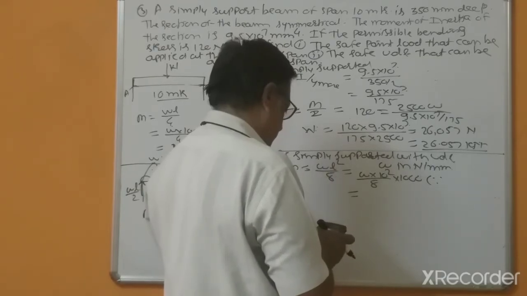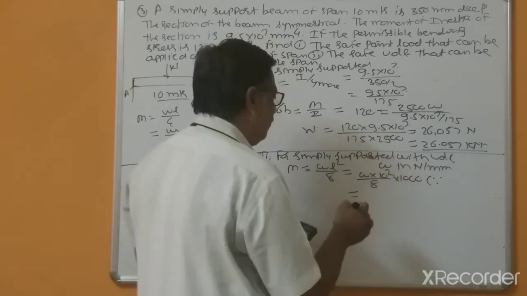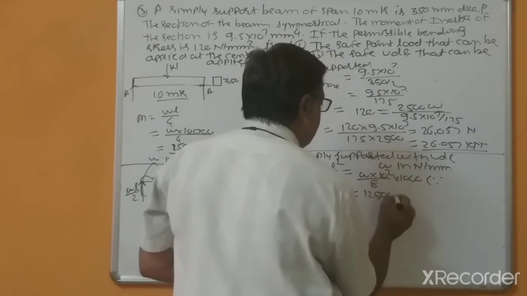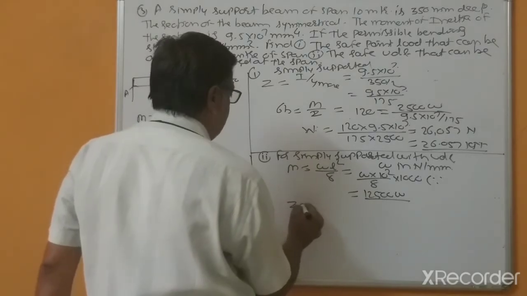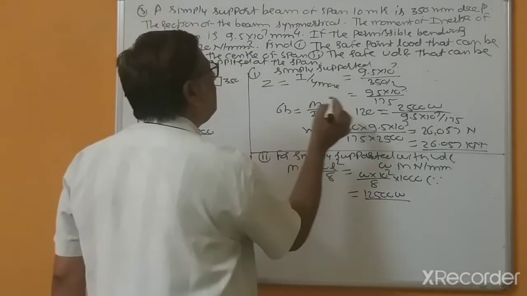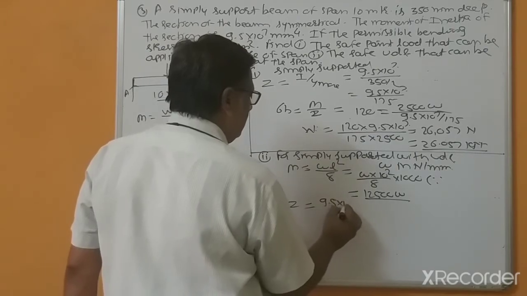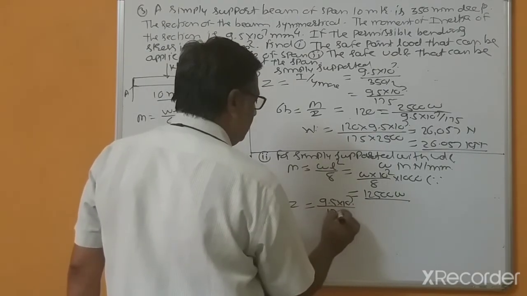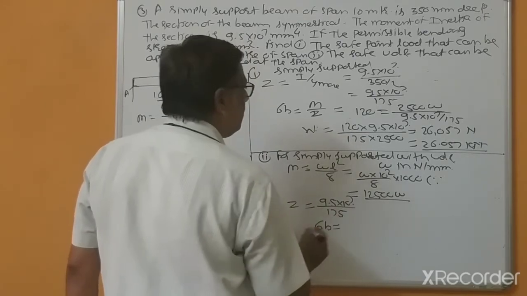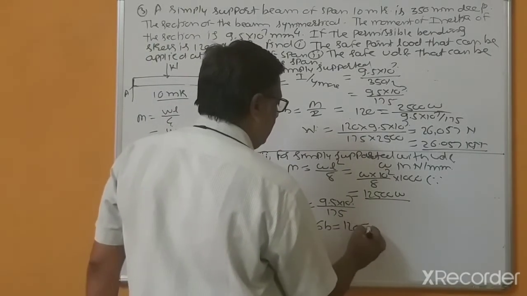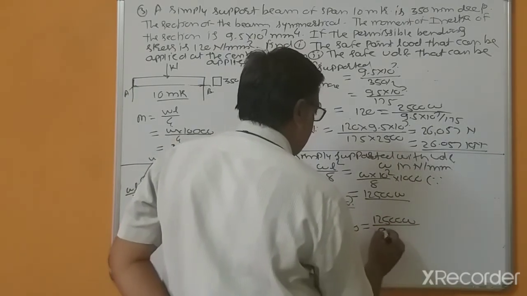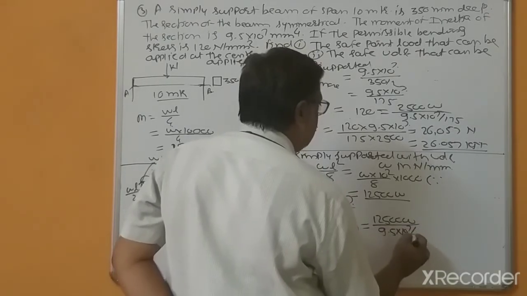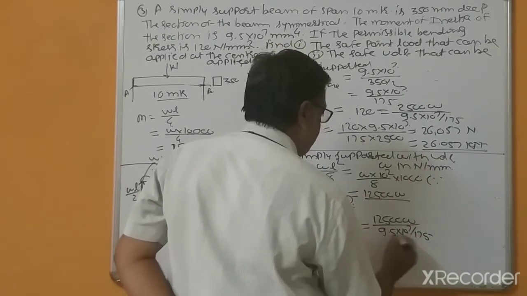125 multiplied by 100, 12500 w. M equal to this, and Z equal to, same again, 9.5 into 10 to the power 7 divided by 175. Now sigma B equal to 120 equal to that divided by 175.